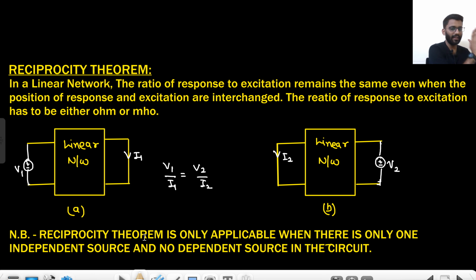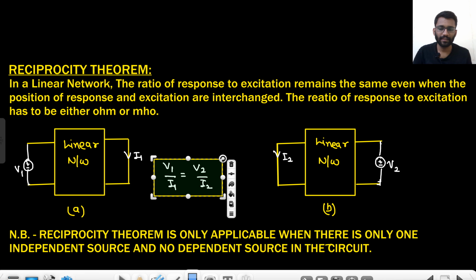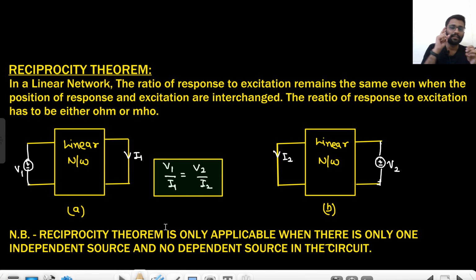Now I am applying a voltage source V2 and getting a current at the other port. So the ratio of both of them would be the same. This is what the theorem says. One more thing, the ratio has to be ohm or mho.